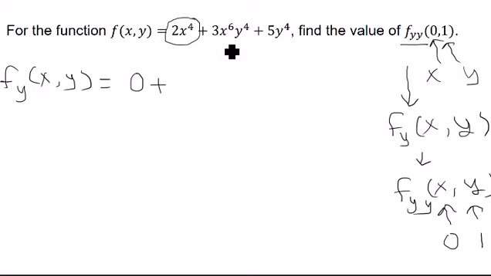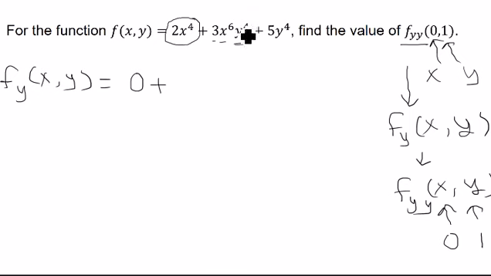That's why we're going to keep that as it is and differentiate the y part, and these are all powers, so we're just going to use the power rule. So this 3 is going to stay back, x to the 6 is going to stay back, and y to the 4 becomes 4y to the 3.